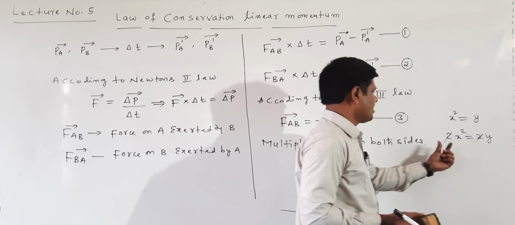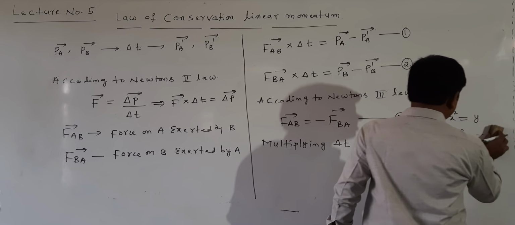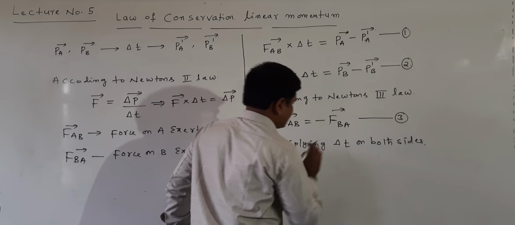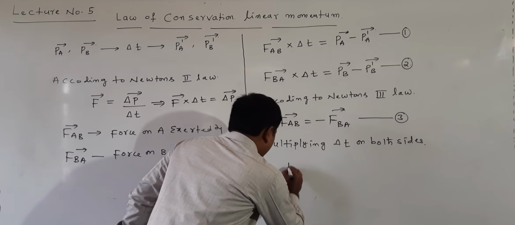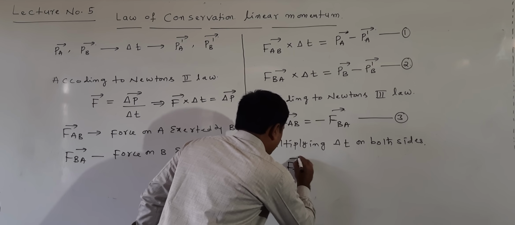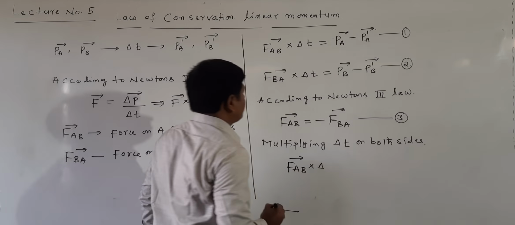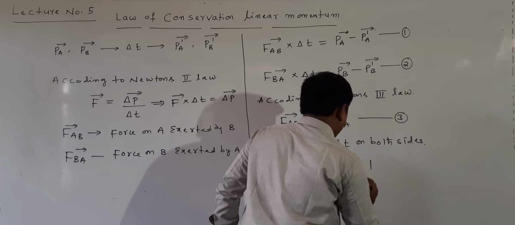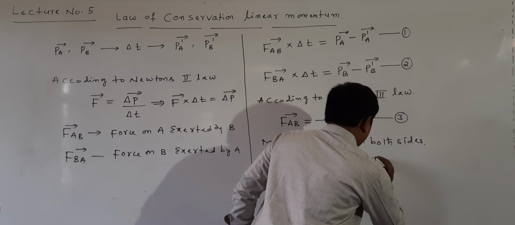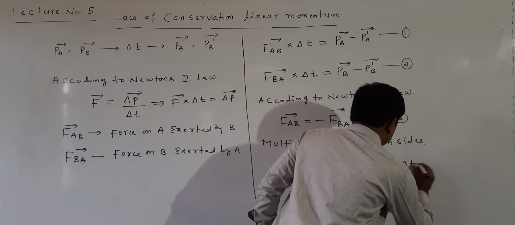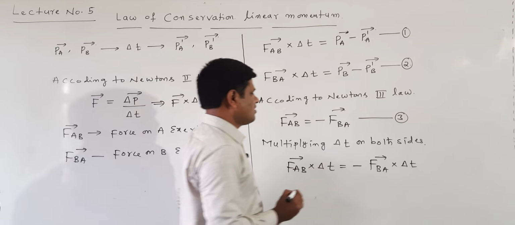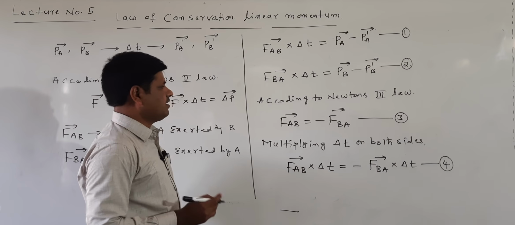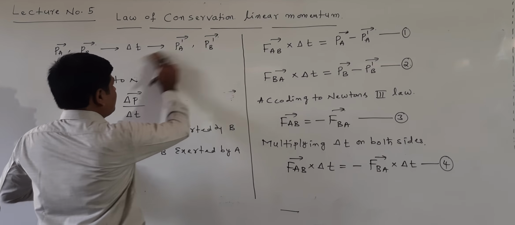Multiplying with the same value on both sides makes no change in the value. That's the reason we multiply with delta T on both sides. Now we get FAB bar into delta T is equal to minus FBA bar into delta T. This is given as equation number 4.